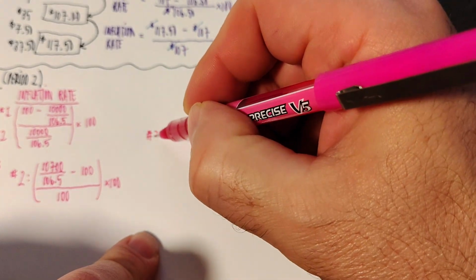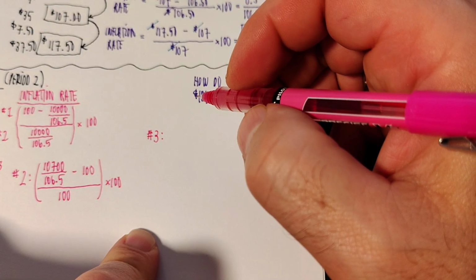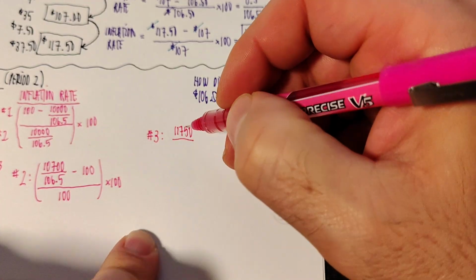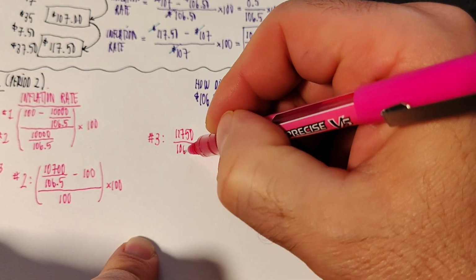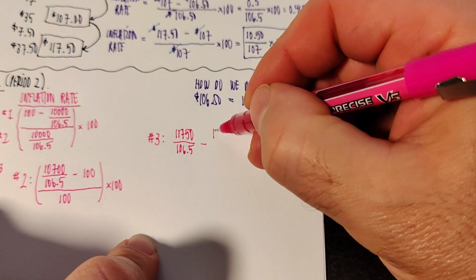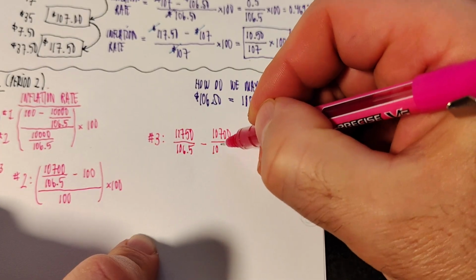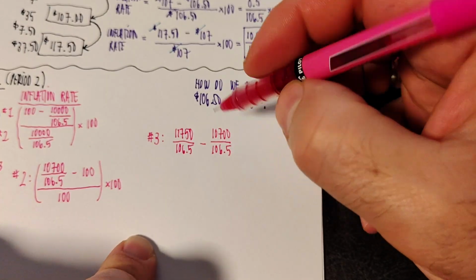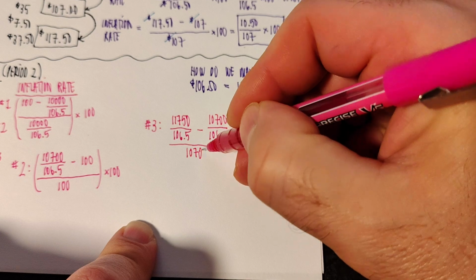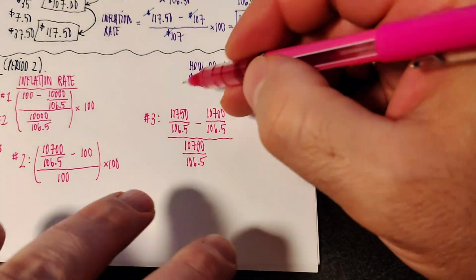And then the last one, this number 3, just filling in the blanks here. It's going to be 11,750 divided by 106.5 minus 10,700 over 106.5, divided by 10,700 over 106.5, multiplied by 100.